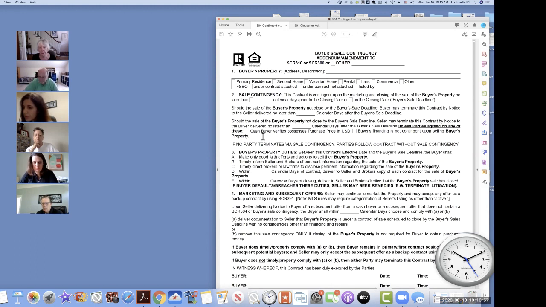But you're opening your buyer up to some problems if you don't check the boxes. Because if they could qualify without selling, and you don't check this box, they could get pushed out of the contract. So if you check the box, they'll be protected and be able to buy the house, even though they have this contingency.